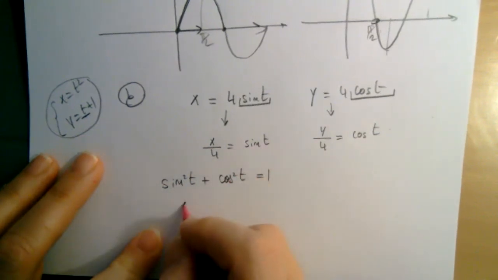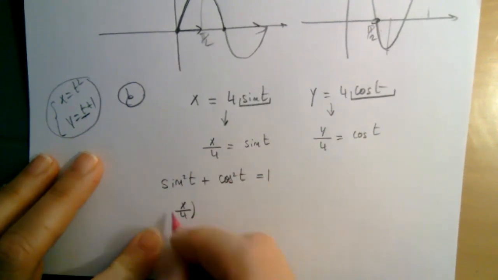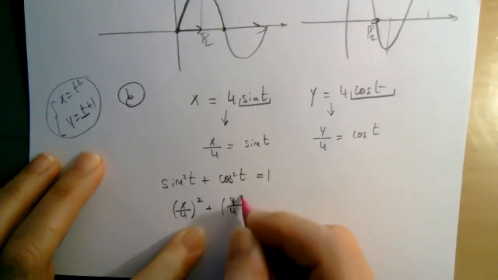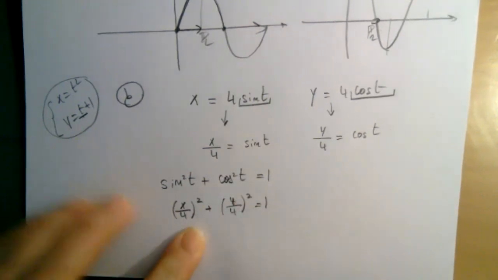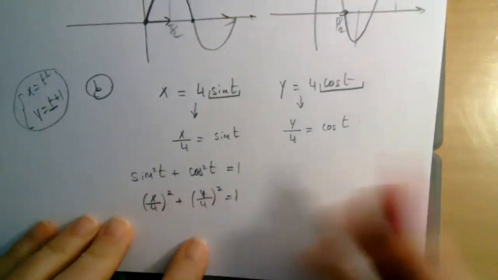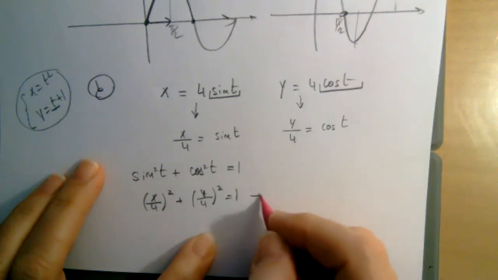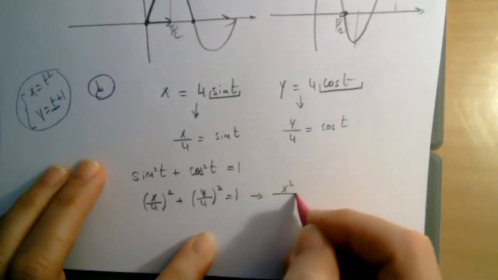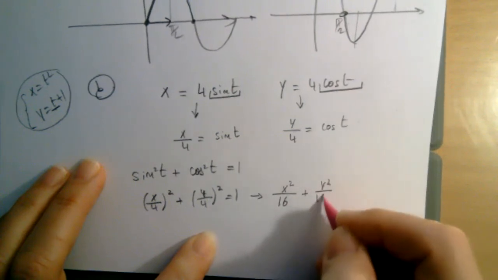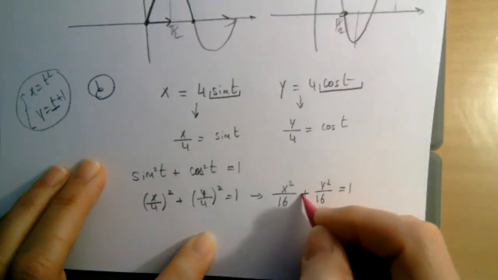This will give me (x over 4) squared plus (y over 4) squared equal to 1. Now we want to see a circle, but this doesn't quite look like a circle, but we can make it so. It gives me x squared over 16 plus y squared over 16 equal to 1.